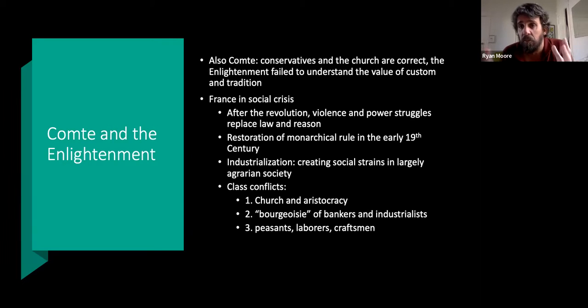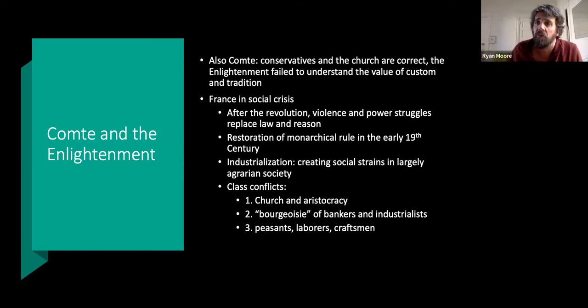But again, the bulk of France at this time is the peasantry, and they too would play an active role in the French Revolution for different reasons, not so much out of a bid for power, but out of protest and out of inequality and deprivation.